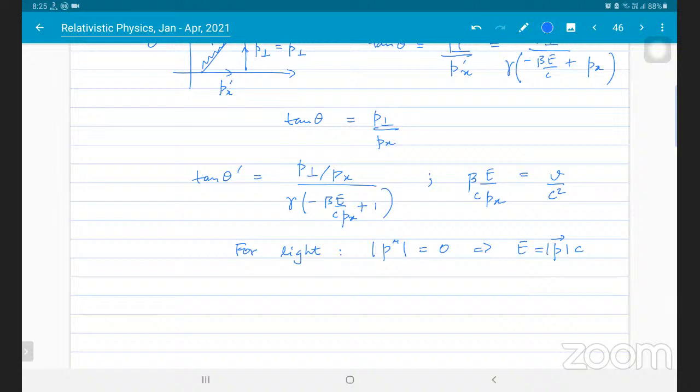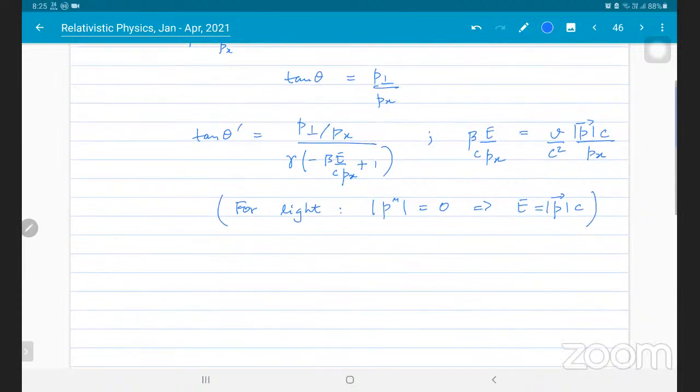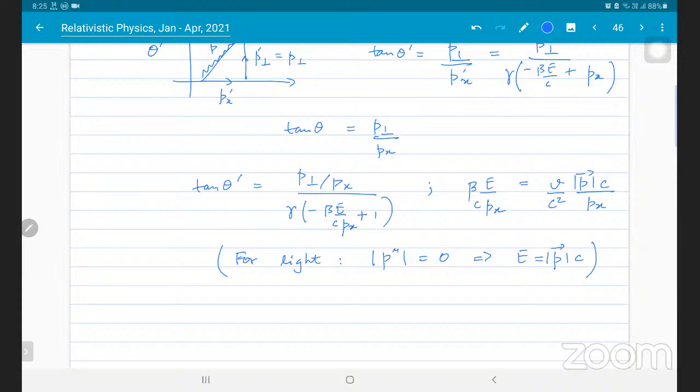So I can write this expression as E is equal to PC divided by Px. That's right, I think. Yeah. So I get tan theta prime is equal to tan theta over gamma.